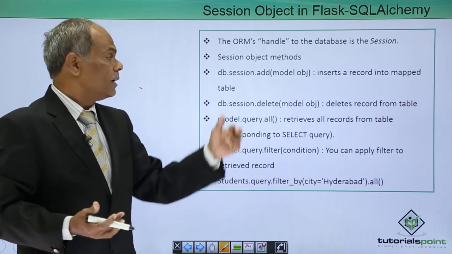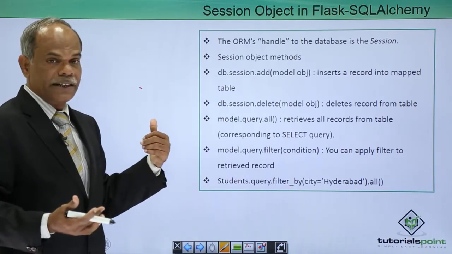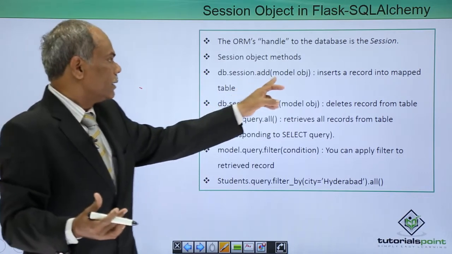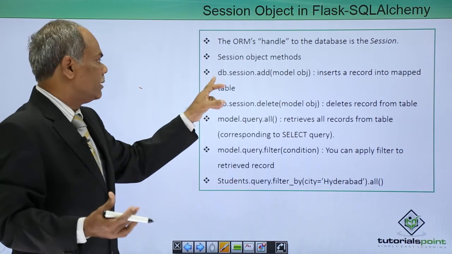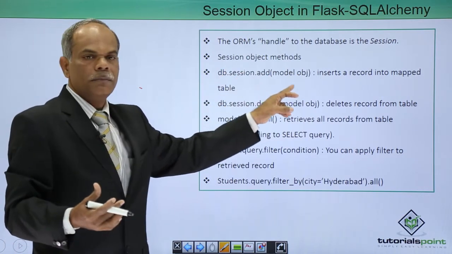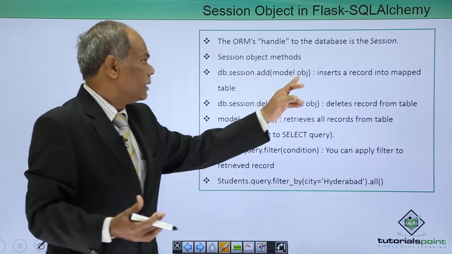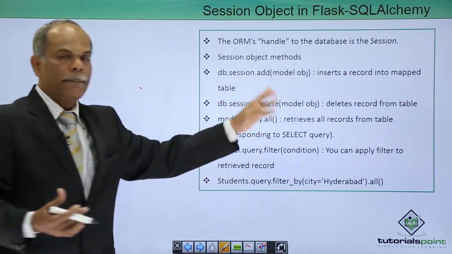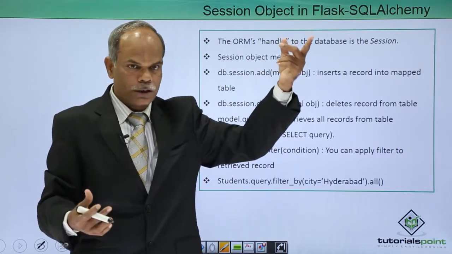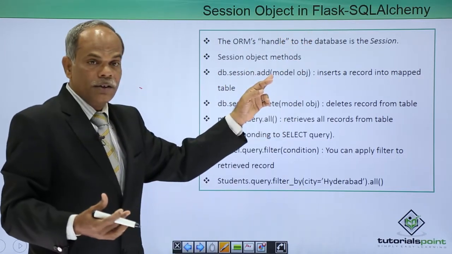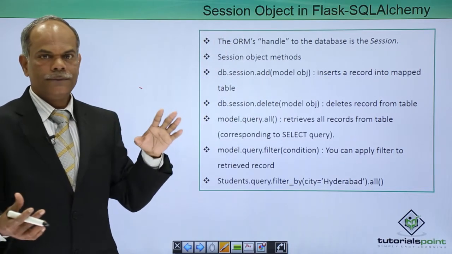If an object of the Students model class is created, the object is used as an argument to this add function. So db.session.add with the name of the model object inserts a record into the mapped table, because your model is now mapping the table in your database. Therefore this add ultimately adds a record into the table.